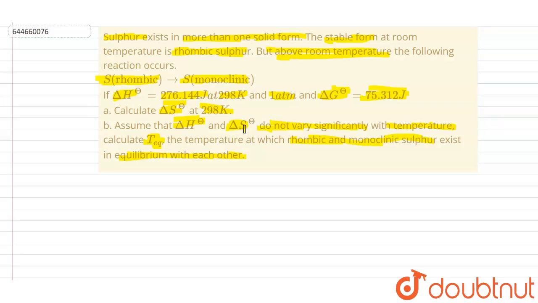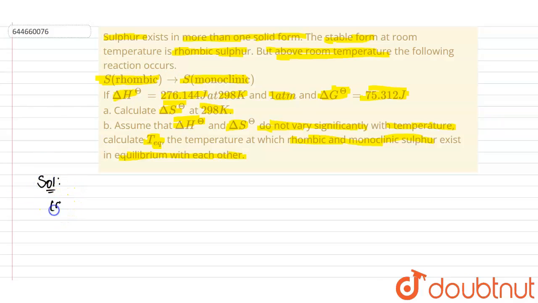So we have to calculate the T_eq value. We have to calculate both delta S and T_eq for this transformation of rhombic sulfur to monoclinic sulfur. Let's discuss it one by one.